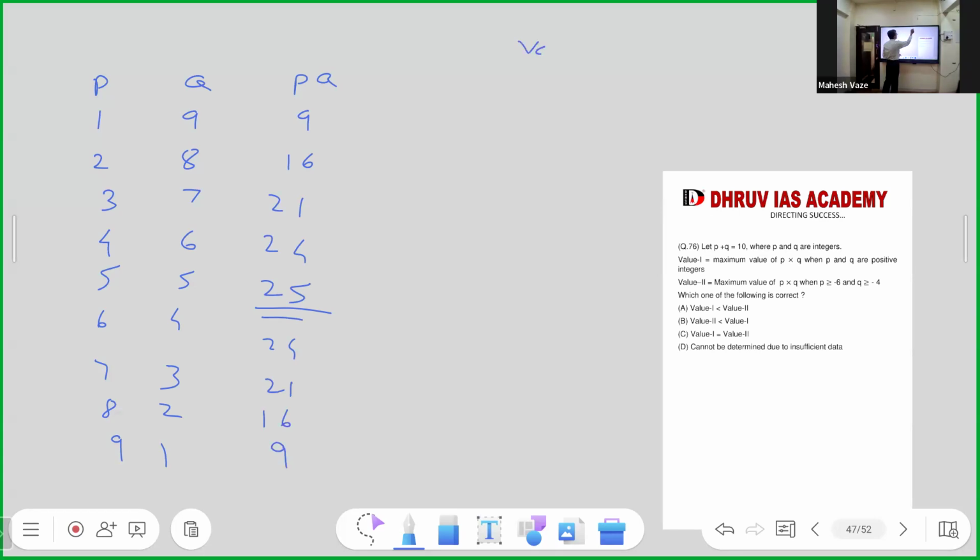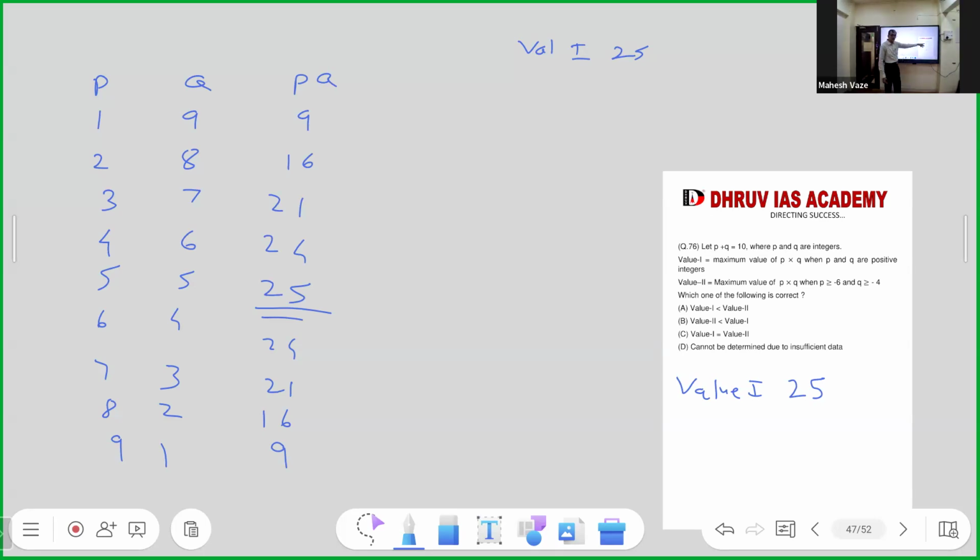So I will just write it here. Value 1, 25. Is it visible? Now see the second, value 2: maximum value of P into Q when P is greater than or equal to minus 6 and Q is greater than or equal to minus 4. Again the restriction is P plus Q is equal to 10. If you take one value as positive and one as negative, because these values are starting from minus 6 and minus 4.